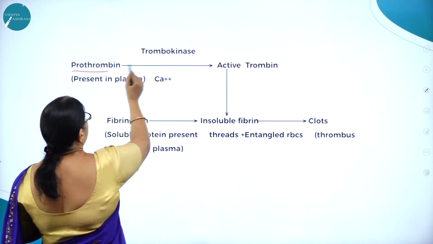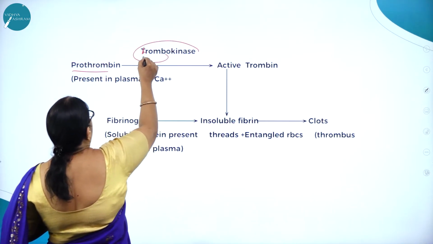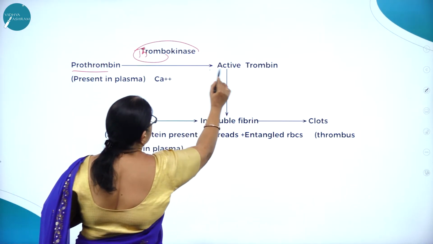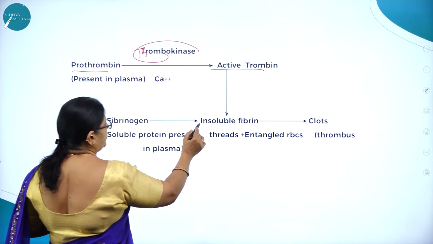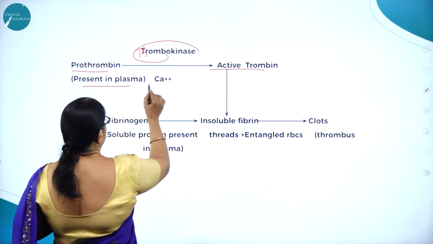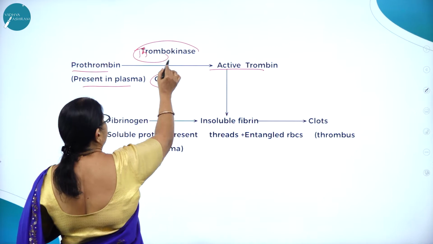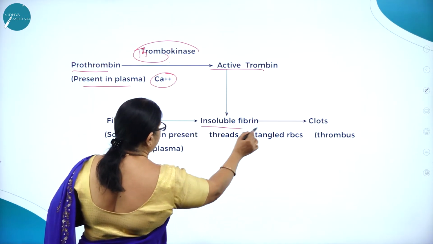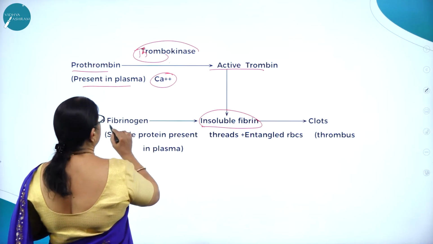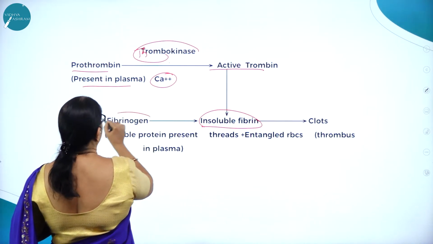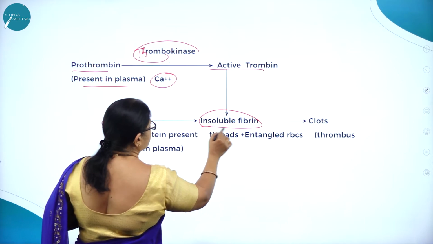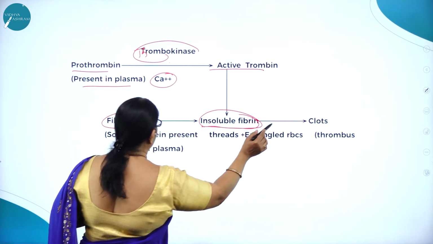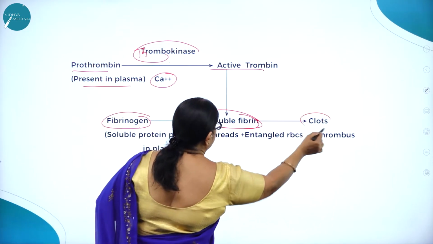Prothrombin is acted upon by thrombokinase. It will convert to active thrombin present in plasma under the influence of calcium ions and thrombokinase. Active thrombin converts fibrinogen into insoluble fibrin, and that forms a clot. So that is a thrombus.